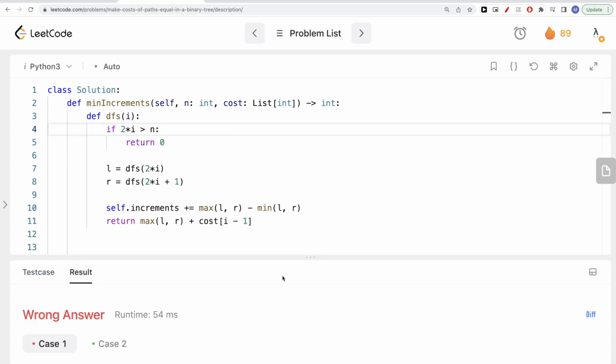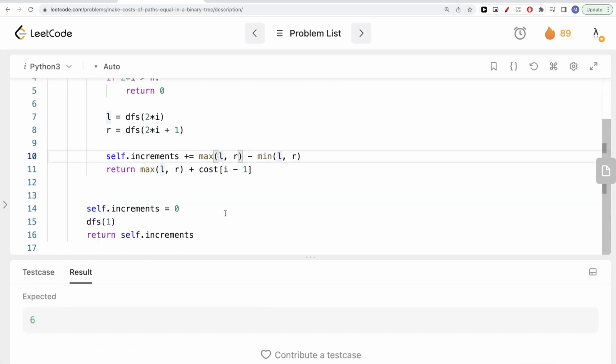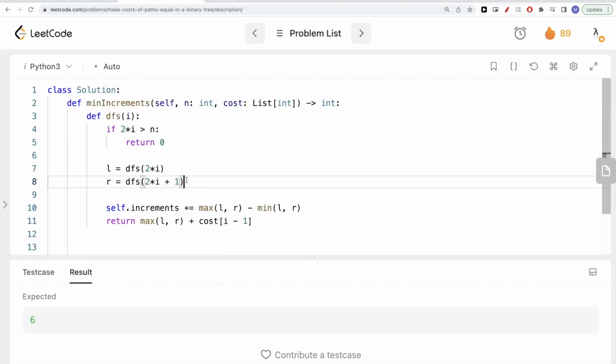Let's run it. Looks like there is a small error here. Let's see where. So we take the max of the left and right, we add the cost, and then we get the min. Okay, and then, sorry, this is not n, this is the length of cost.